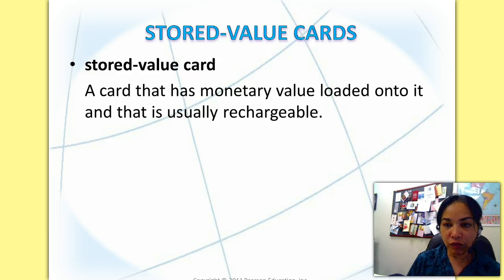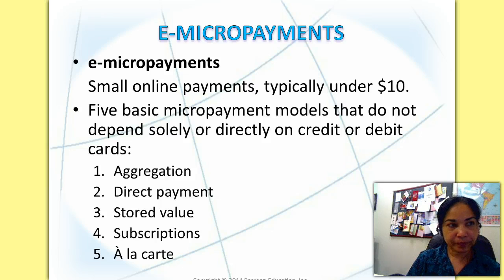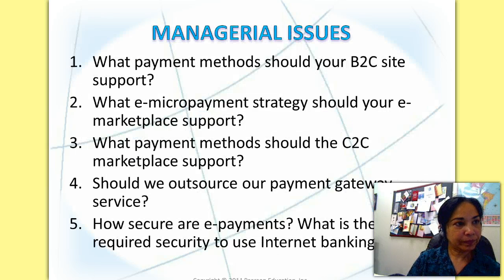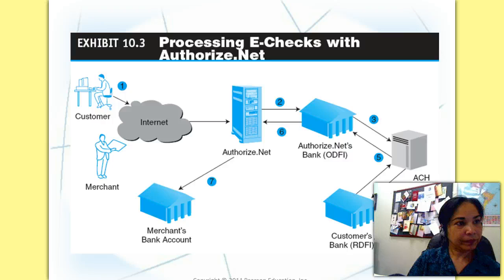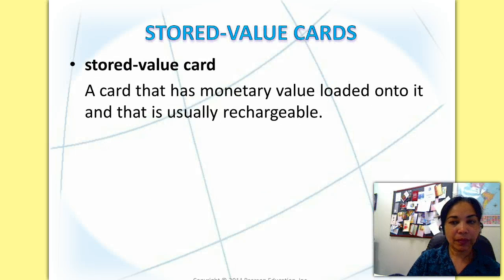Closed loop stored value cards are issued for a single purpose by a specific merchant, for example a Starbucks gift card. In contrast, open-loop stored value cards are more like standard credit or debit cards and can be used for multiple purposes, for example a payroll card.